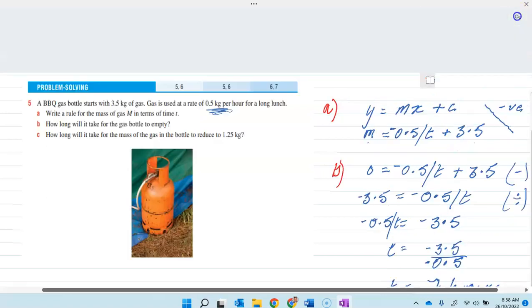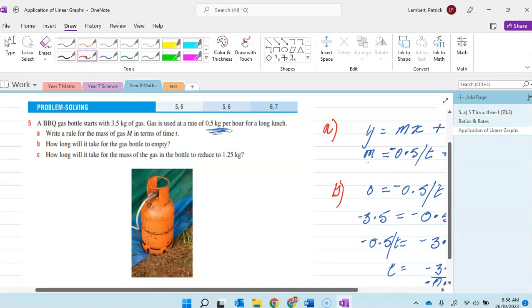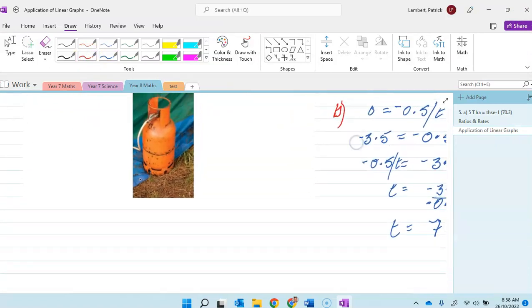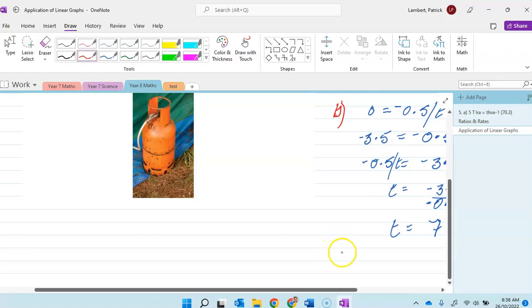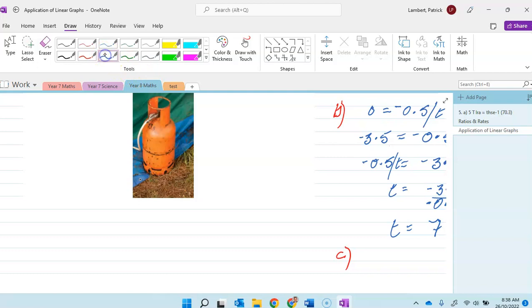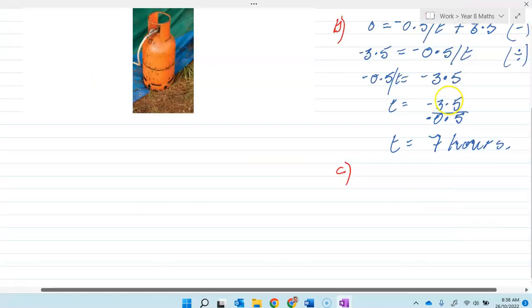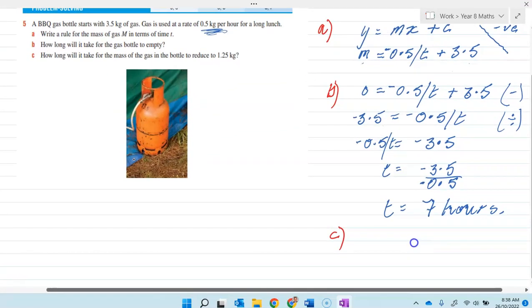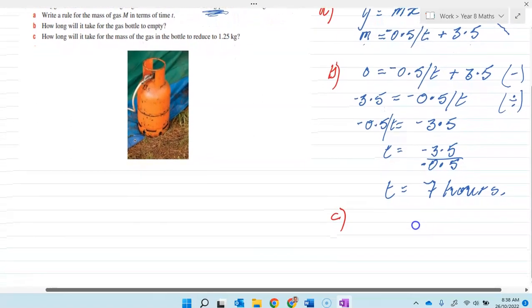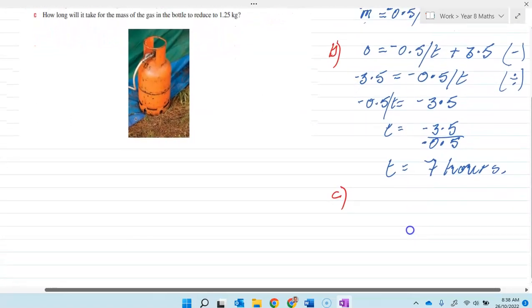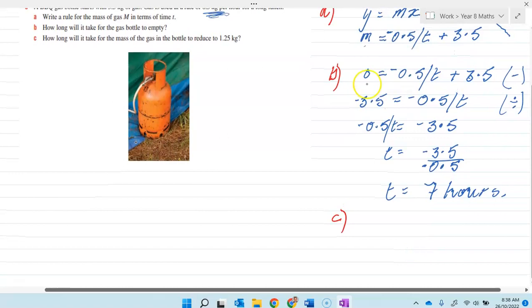Then part C. Let's have a look at part C. It asks us how long will it take for the mass in the gas bottle to reduce to 1.25. So this m, we want 1.25.